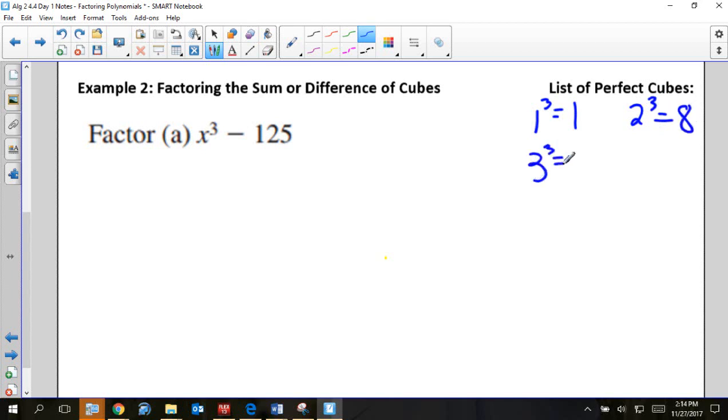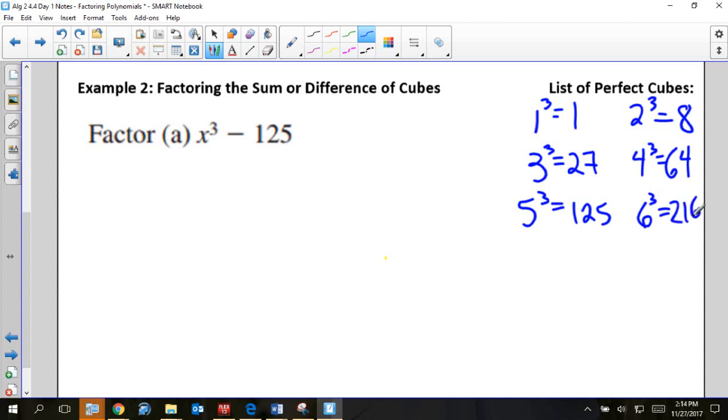3 to the 3rd power? 27. 4 to the 3rd power? 64. 5 times 5 times 5? 125. 6 times 6 times 6?